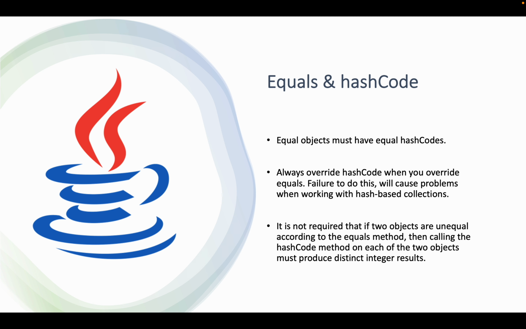Failure to do this will cause problems when working with hash-based collections, like hash maps, hash tables, and all those. It is not required that if two objects are unequal according to the equals method, then calling the hashCode method on each of the objects must produce distinct integer results.